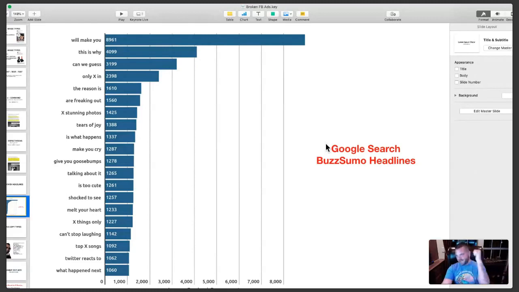Amanda, yes. Sweet. Awesome. So 100 million headlines were analyzed. I'm going to go through each one of these with you right now, just to give you a rundown of them. You want to insert these keywords into your headline in your ad in some way, shape, or form. The first one is "will make you."